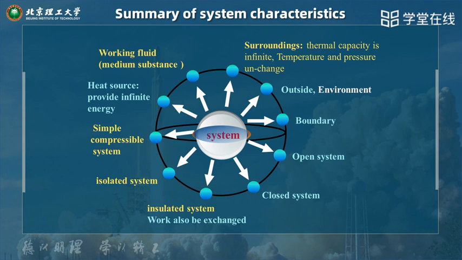The system includes many kinds. Very typical kinds are the open system and the closed system. In an open system, there is some transfer of mass across the boundary. In a closed system, no mass passes through the boundary.